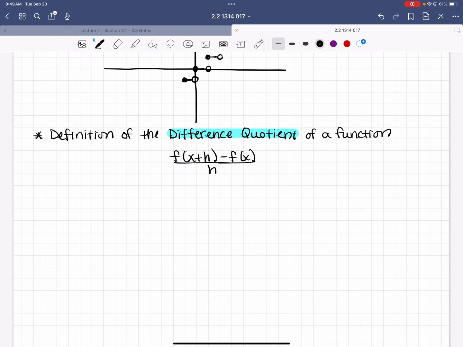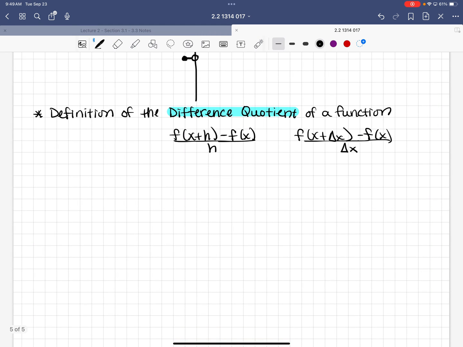You may have used f of x plus delta x minus f of x all over delta x. You may have had a delta x in there. Or you'll have a funny little symbol that looks like that. Depends.